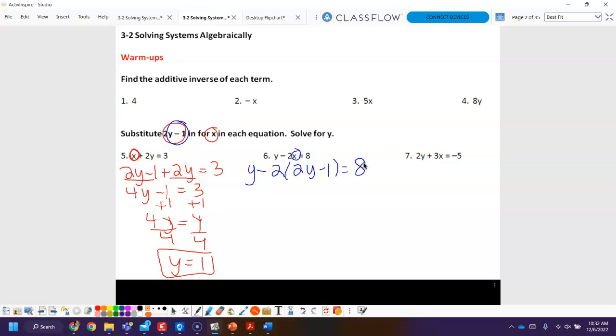But that negative 2 is going to go to both the y and the negative 1. So you have to distribute the negative 2. So you get y minus 4y plus 2 equals 8.